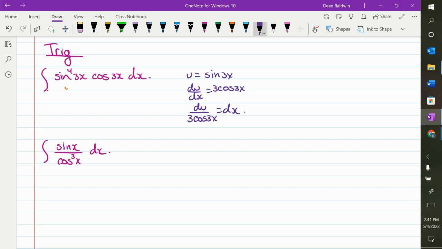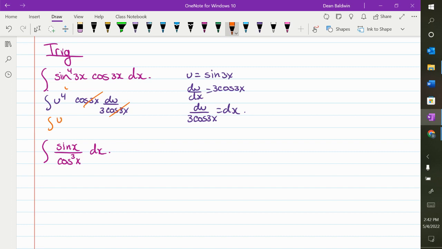And sub it all back into the equation. U to the power of 4 cos 3x, and then dx is du over 3 cos 3x. And then the cosines go away, and that makes us happy, right?